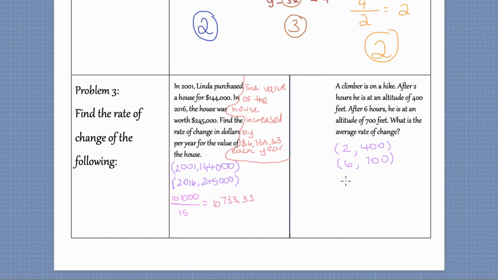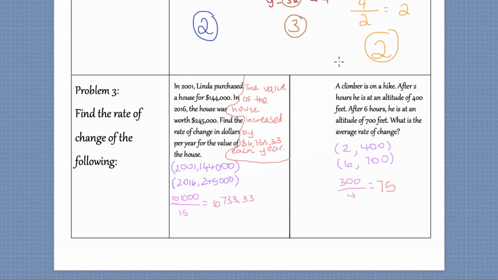And remember, y2 minus y1, or in this case, 700 minus 400, gives us 300, over x2 minus x1, in this case, 6 minus 2, which is 4. So 300 divided by 4 is our slope, but remember, we have to simplify. 300 over 4 is equivalent to 75. And so 75 is our slope right here.